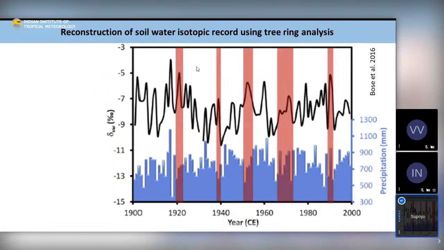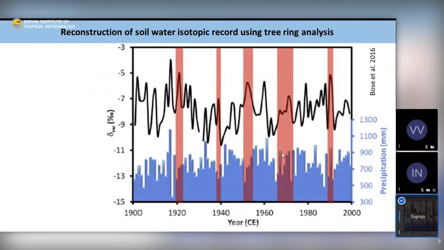This red mark indicates the high values of delta 18O, and this represents the all India monsoon variability from the published record, and it is shown that the high isotopic values go well with the low rainfall events.